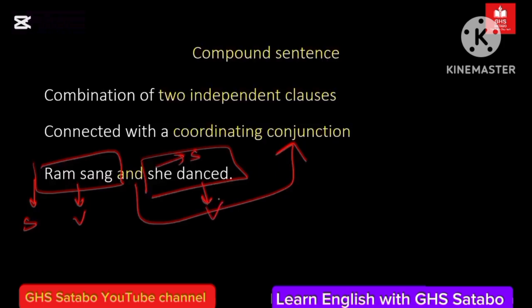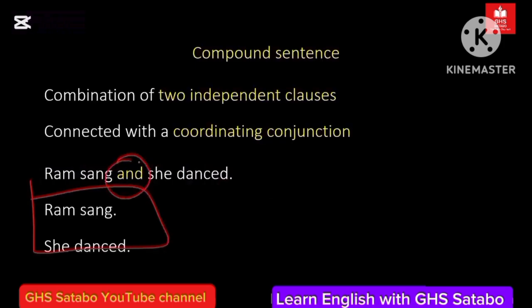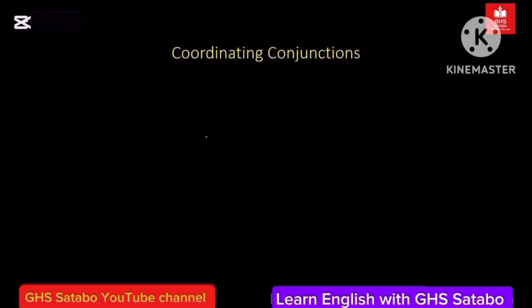Together, they are forming a compound sentence. In this sentence, we have two independent clauses, Ram sang and she danced. Together, they form a compound sentence with the use of this conjunction and. Over here, please focus, and or any other type of conjunction plays a very important role. We'll discuss them in detail in the next slide.